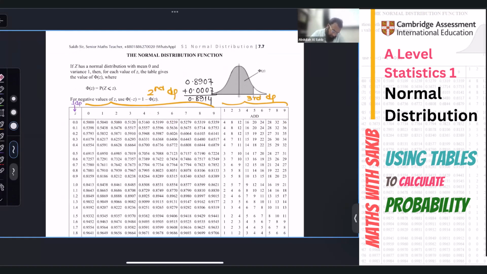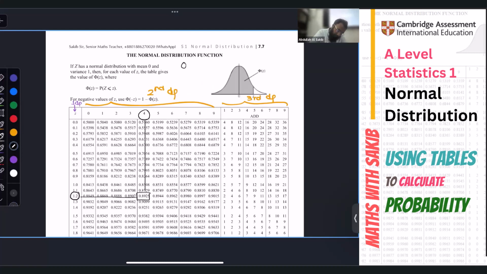So let's go to 1.2 first. Then go to 4. So the value will be 0.8925 plus the 1 in 1.241, so we have to add these 2.